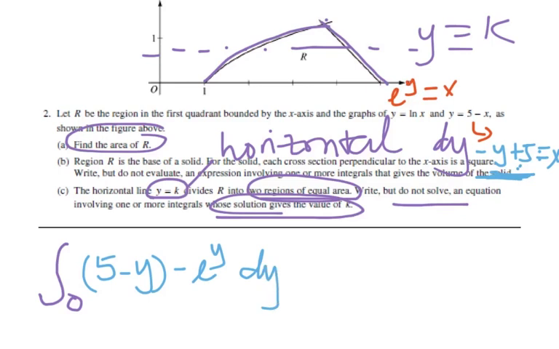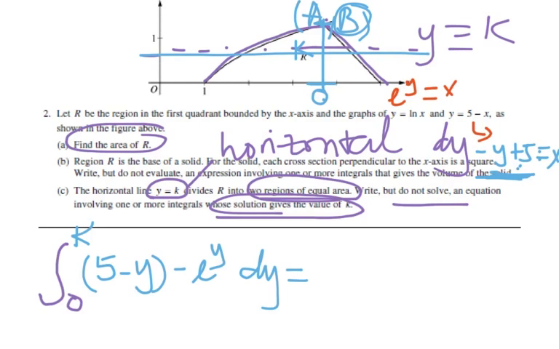Because we split this at a certain point to make the areas equal, think about this: this is 0. Last time it was from 0 to b, but we look for the y value. Now, instead of from 0 to b, it's from 0 to k, because that's the line that splits the region. How do we find that?